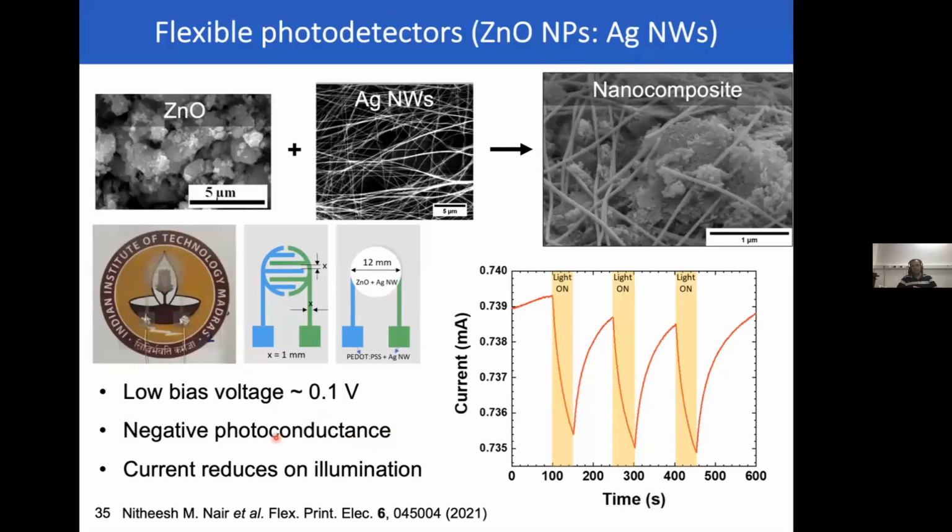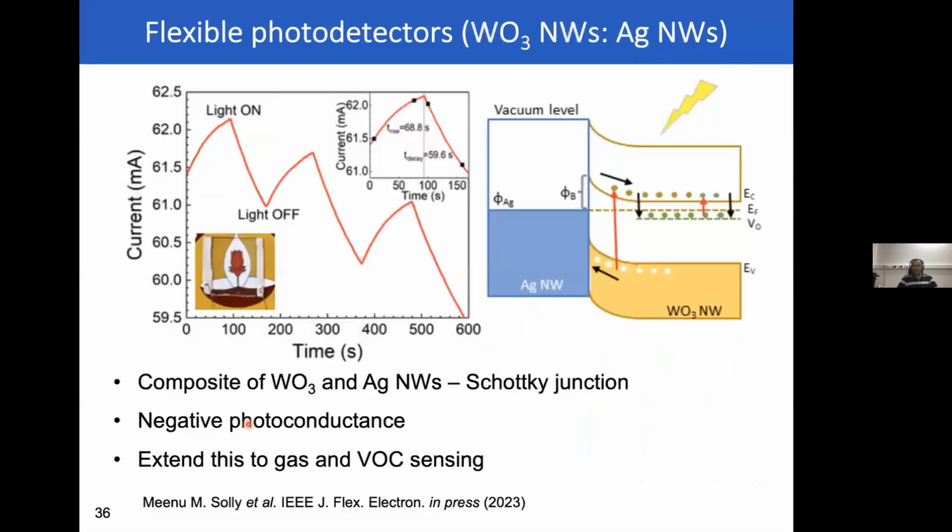We believe that this is because the nanowires and zinc oxide form some sort of a Schottky barrier, and how that barrier behaves in the presence of light causes this negative photoconductance. So this is not the only example where this is happening. We also did some work with tungsten oxide nanowires and silver nanowires. And once again, we are observing this negative photoconductance.